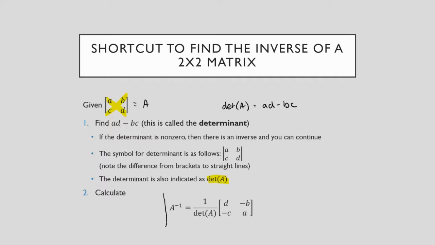But anyway, the formula to calculate the inverse is this. So you're finding the determinant and then you're finding 1 over that. So you're doing the reciprocal of the determinant. And then you're multiplying it by a new matrix. And the way the matrix is, you can see that the first diagonal, we're just flip-flopping where A and D are. They're just reversing places.